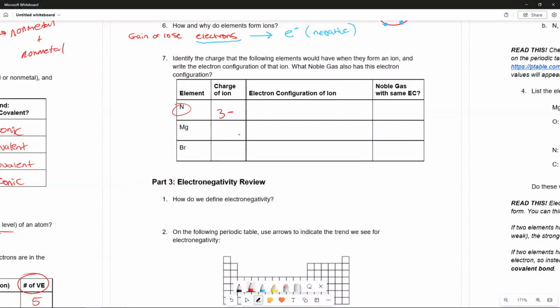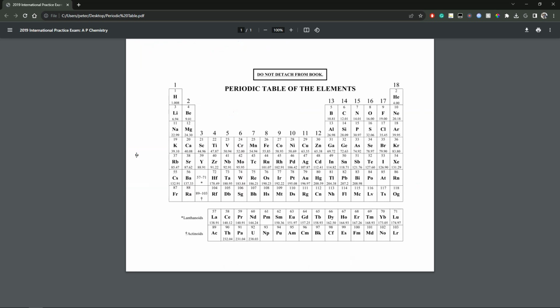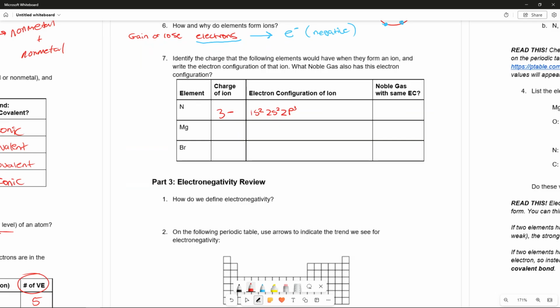So knowing that nitrogen has a charge of 3 minus, let's write the electron configuration of the ion. When I write these, I always start with the regular element. Forget the ions for now. We're just going to write the electron configuration for nitrogen first. 1s2, 2s2, 2p3 is our value for nitrogen.